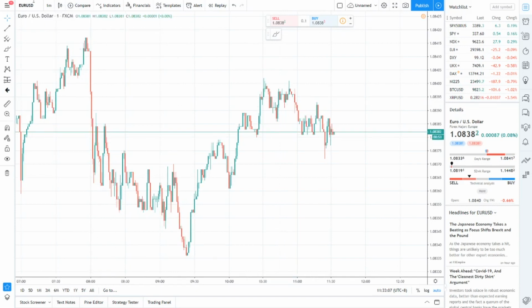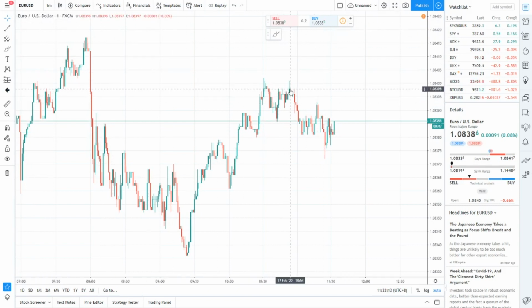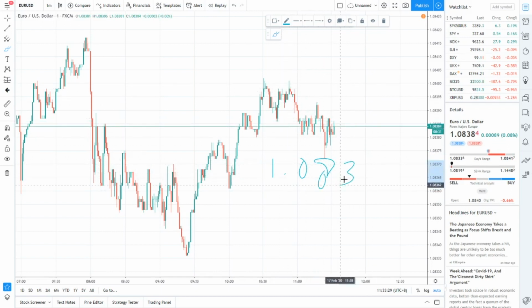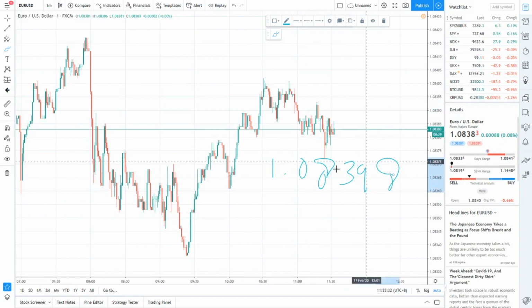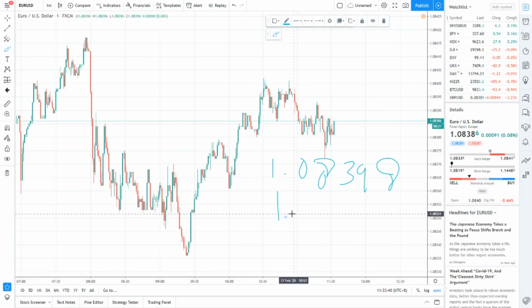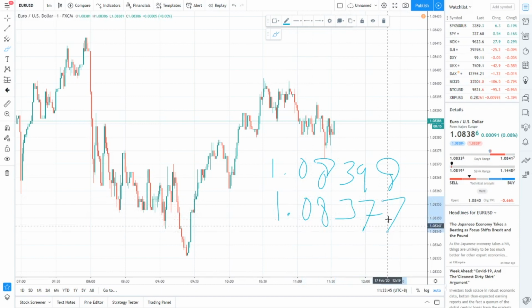So let's take an example. For example, EUR/USD over here, this point is 1.08080 something, and this point over here is 1.08377.